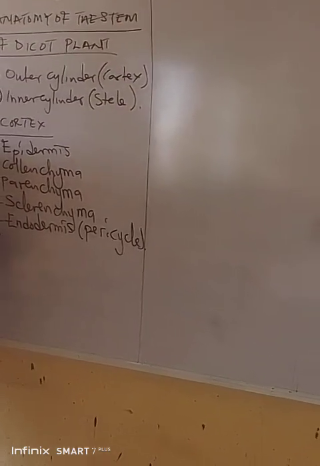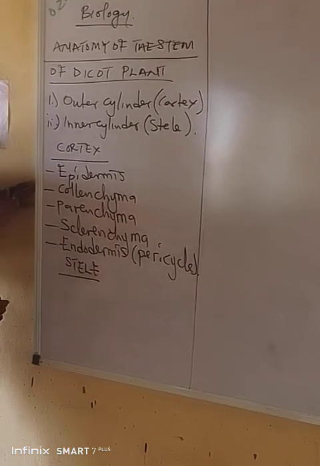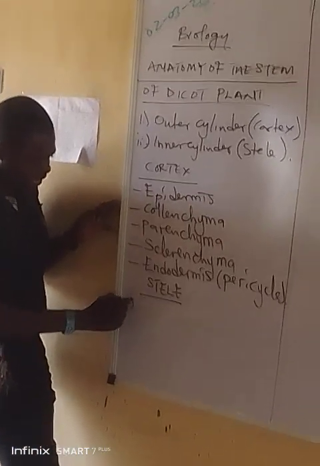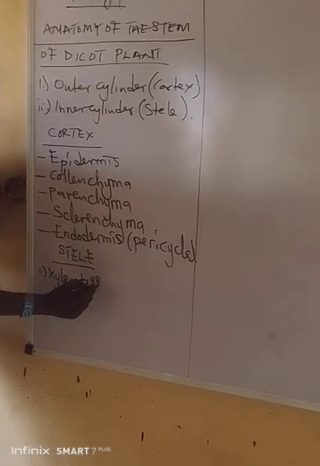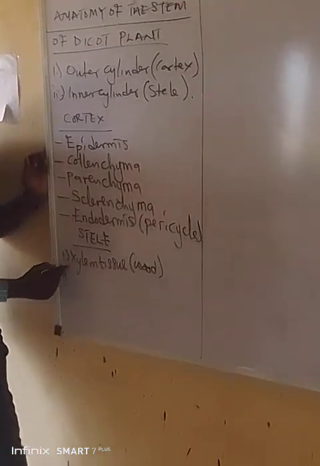Then the inner cylinder, which is called stele. The stele comprises the following things. The first thing is the xylem tissue. The xylem tissue is also known as wood. Then we have cambium.